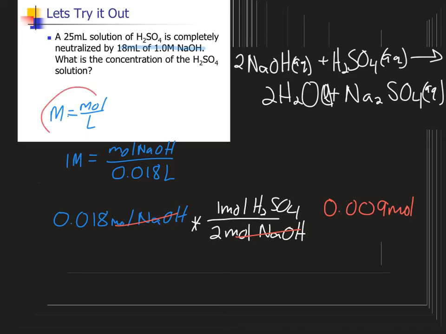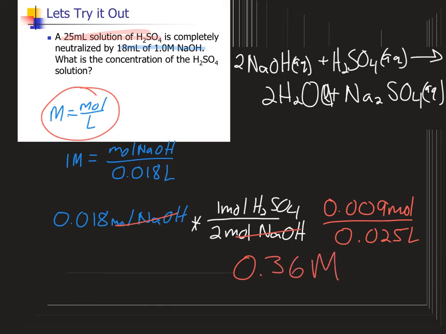Again, utilizing this equation, I can use the volume that I have up here. And I just need to make sure that I convert that into liters to find that I have a concentration of 0.36 molar sulfuric acid.